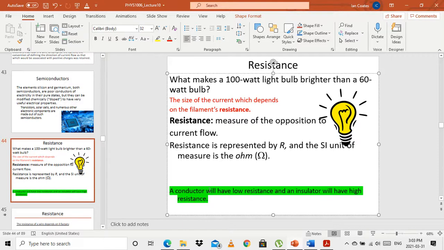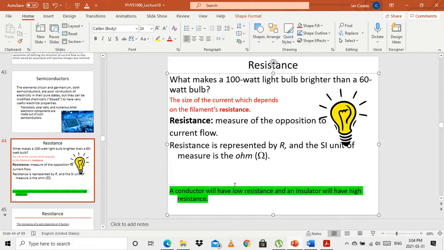Now, to better understand what resistance is, a conductor, so copper wire, gold wiring, silver wiring, any of these metals that are great conductors, will have low resistance. With the metal, electricity just flies right through it, almost completely unimpeded.